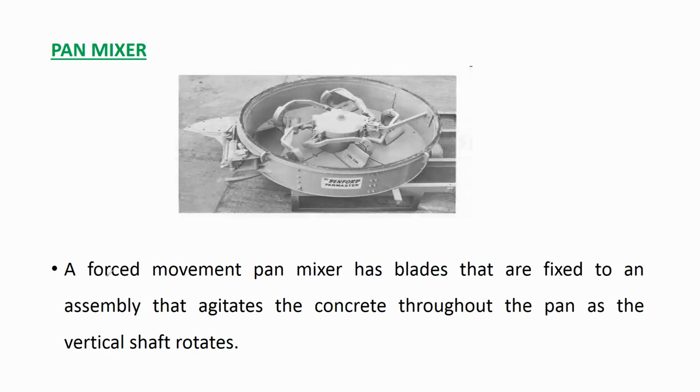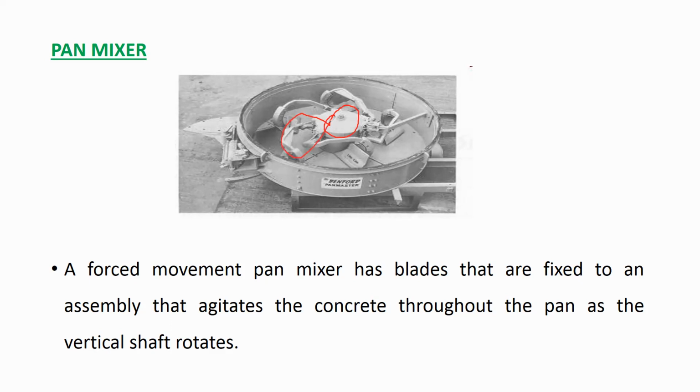Here a forced movement pan mixer has blades that are fixed to an assembly that agitates the concrete throughout the pan as the vertical shaft rotates. You can see there is a vertical shaft here. It will be rotating. For this vertical shaft, there is a fixed assembly here.